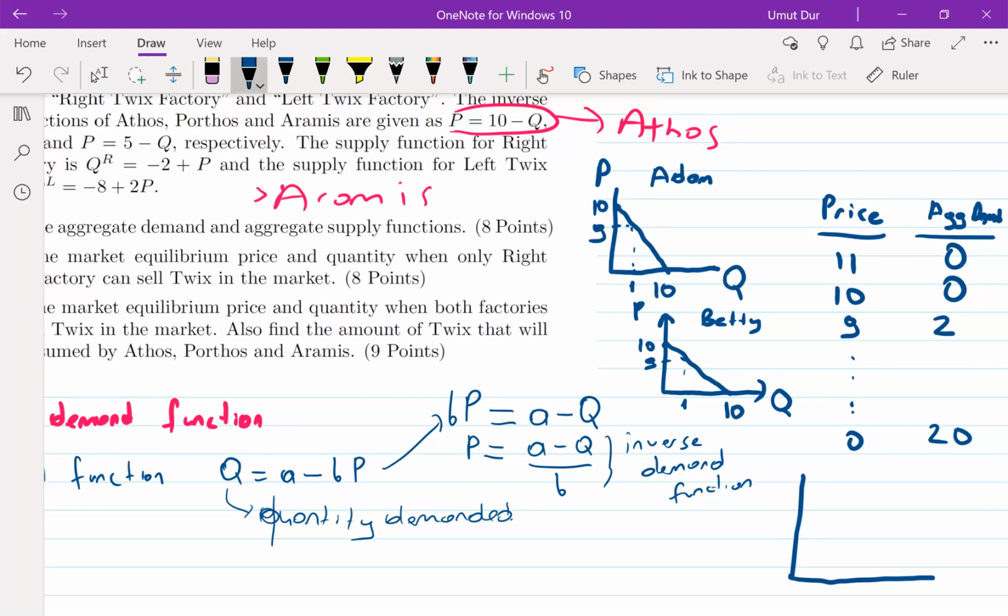Their maximum demand will be 20 here, and their demand when the price is 10 is 0, and it will be something like this. So this will be the aggregate demand.